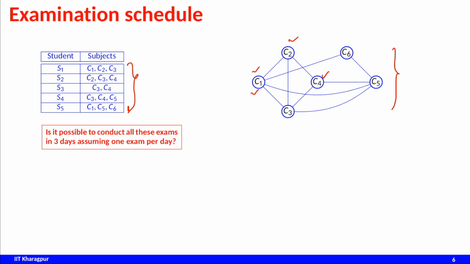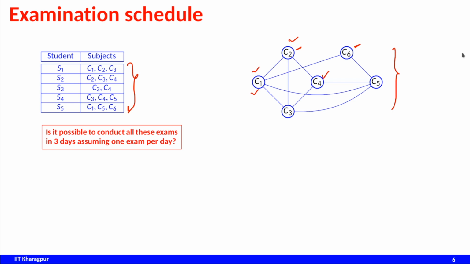Similarly, I can say C2 and C6 can be conducted on the same day. So this graph gives me some idea which exams can be conducted on the same day, and which exams cannot be conducted on the same day.